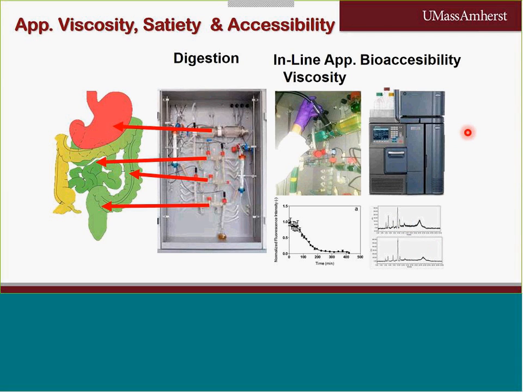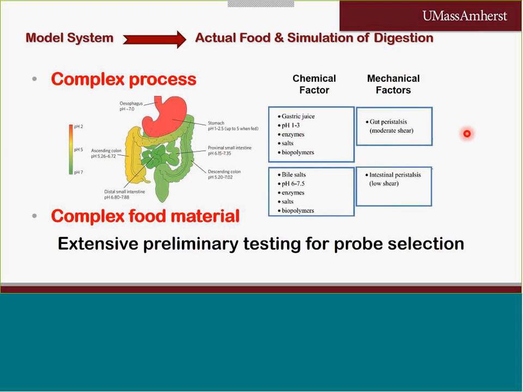One thing we have to take into consideration is that we are talking about a complex process and a complex food material. We didn't want to test just a model system, but an actual food.